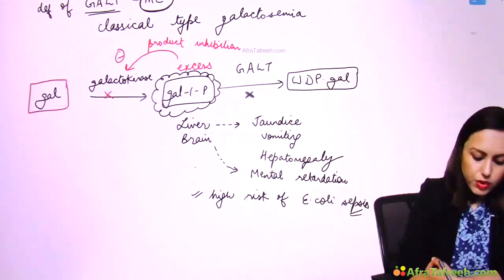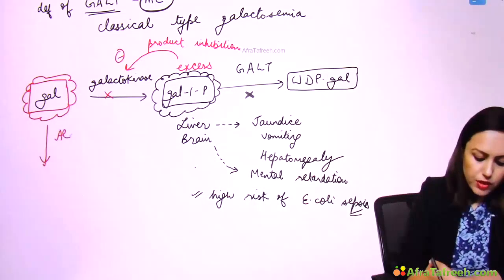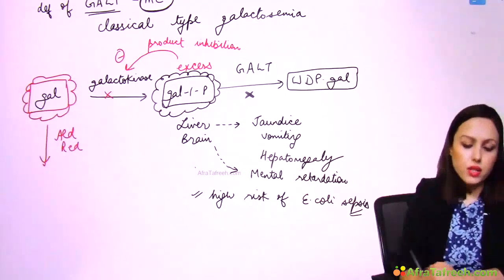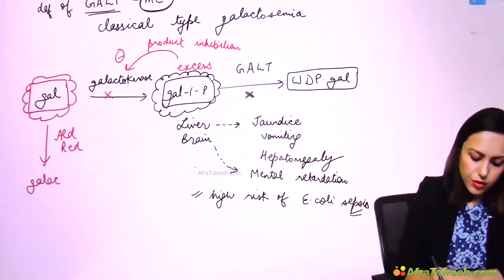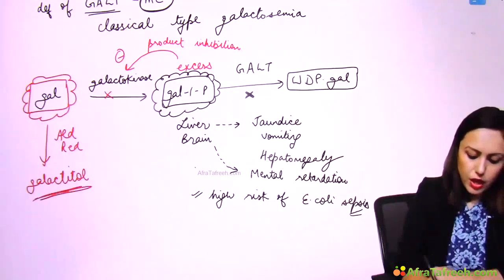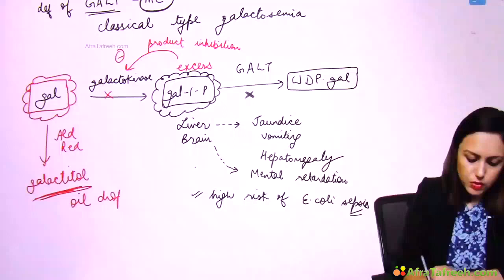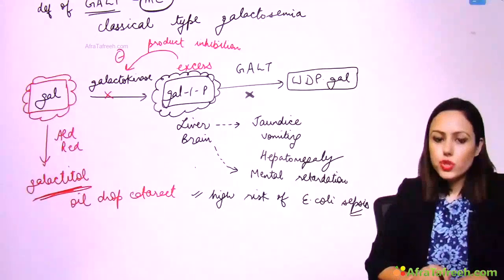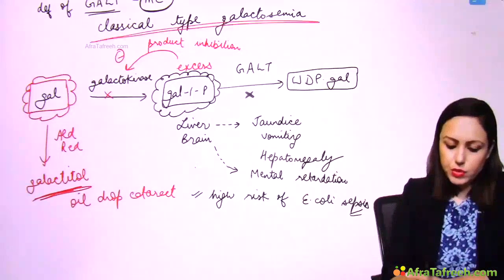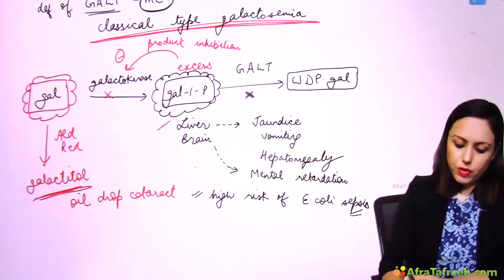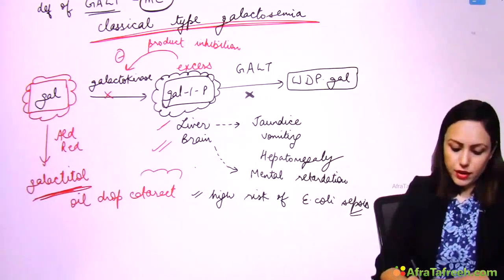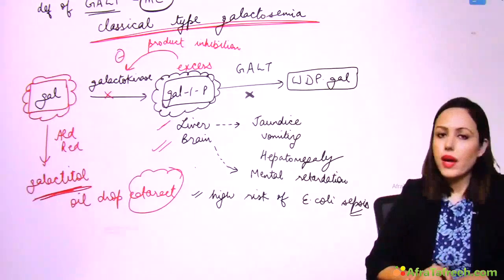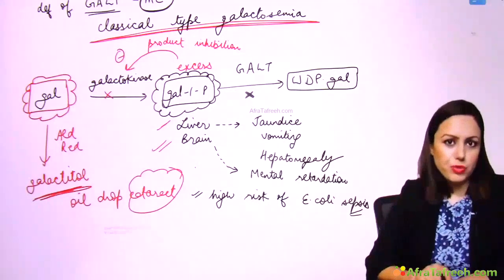So galactose will now be in excess. This excess galactose, with the help of the enzyme aldose reductase, will be converted to galactitol, and you know that this is responsible for oil drop cataract. So in a patient of classical type galactosemia, there is a problem in the liver, brain, and cataract also, right? And this is the most common galactosemia.